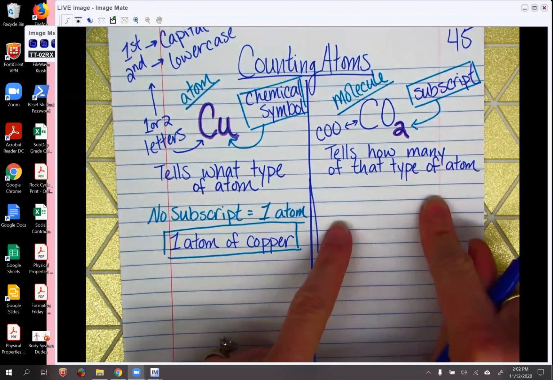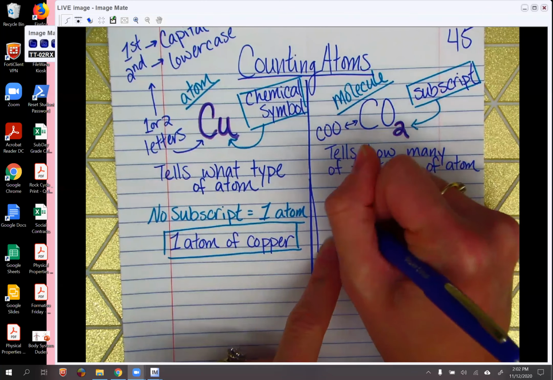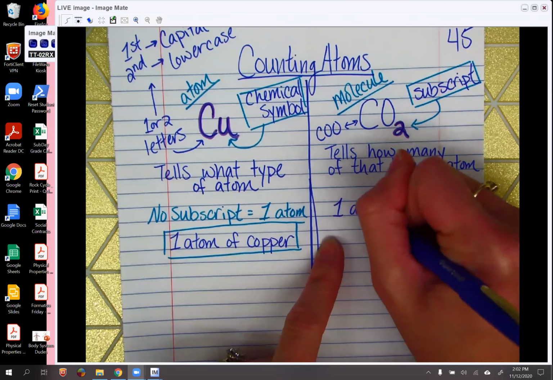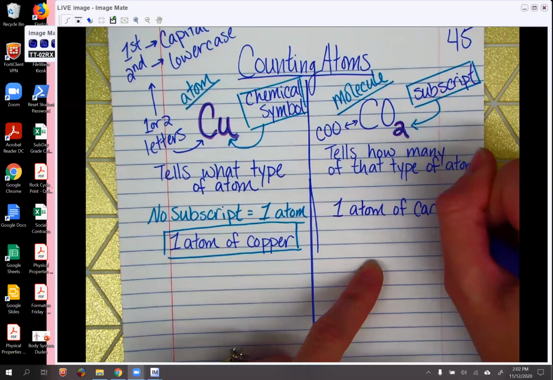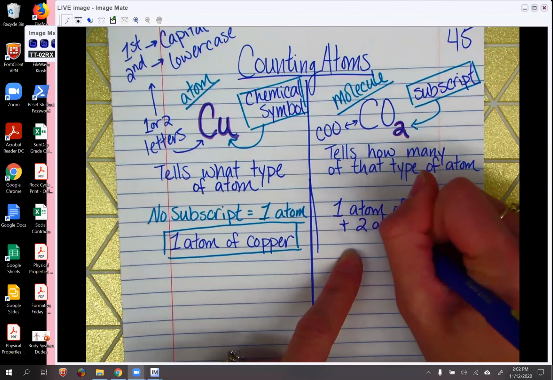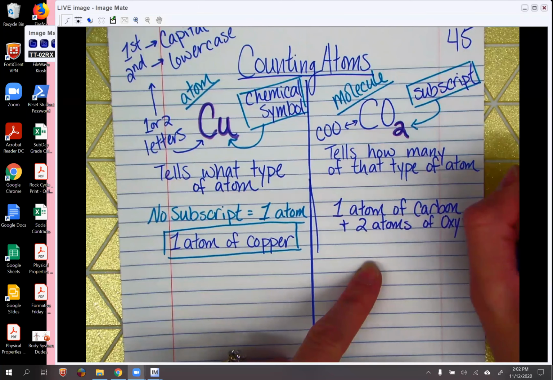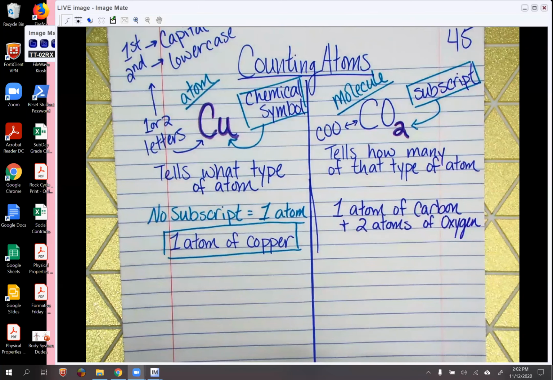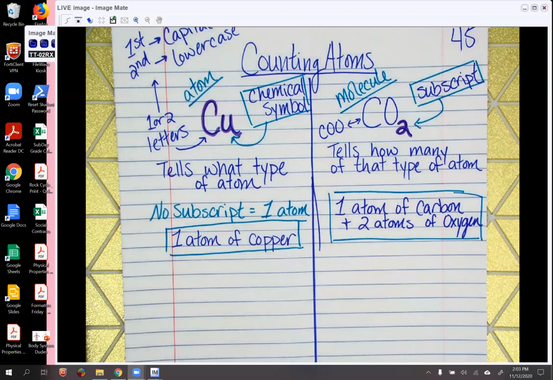On this side, we have 1 atom of carbon and 2 atoms of oxygen. That's what this represents. So far, so good?